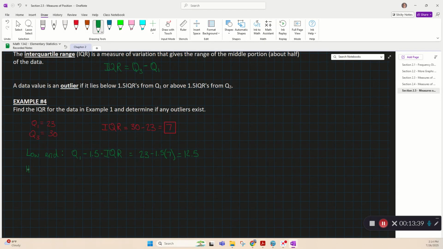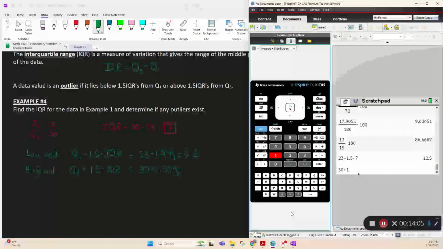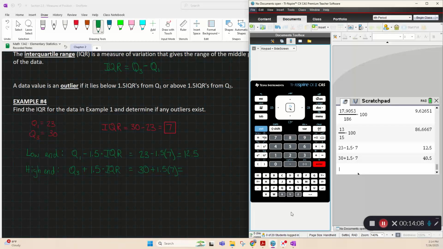On the high end, we have to calculate Q3 plus 1.5 times the IQR. So that's going to be 30 plus 1.5 times 7, which is 40.5.